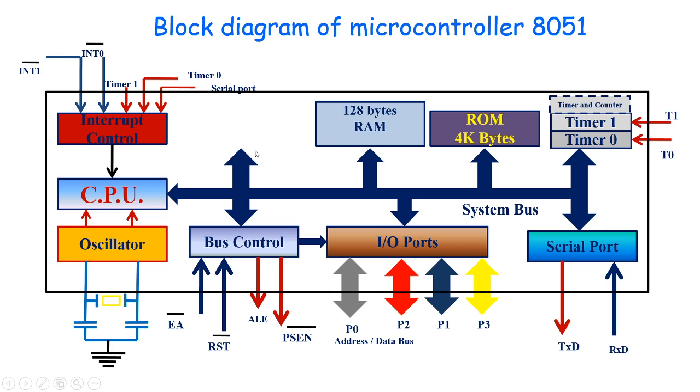So we have to focus on these internal memories of microcontroller 8051. Some other registers, special function registers, also we have to discuss in today's video lecture. So, internal memory and registers.